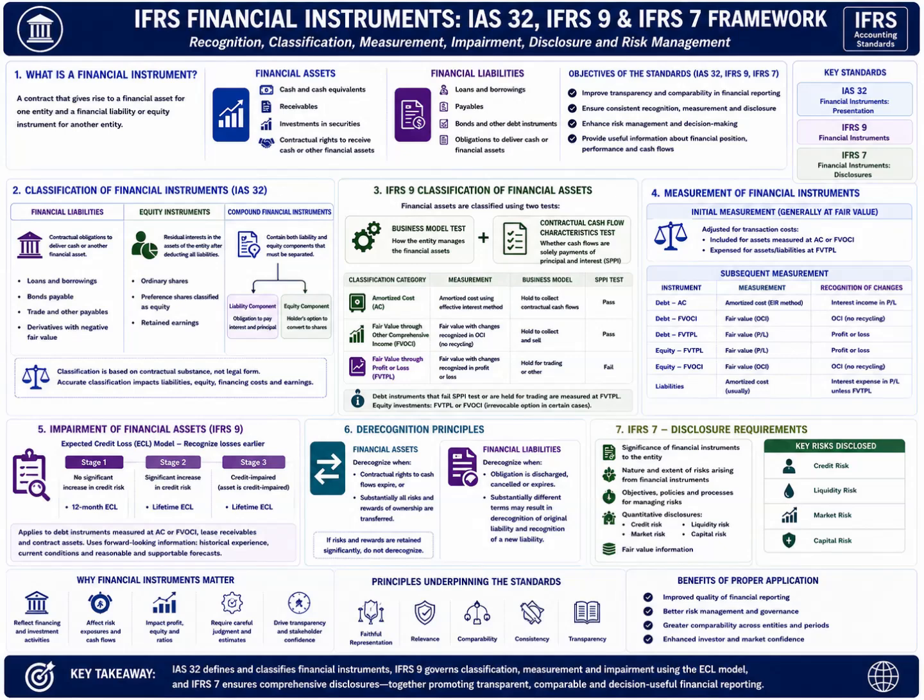Through principles governing classification, measurement, impairment, derecognition, and hedge accounting, IFRS enhances comparability and supports informed decision-making by investors, regulators, creditors, and management. Financial instruments significantly influence liquidity, solvency, profitability, and risk exposure, making this topic one of the most critical areas within the DipIFRS syllabus. Mastery of these standards equips accounting professionals to manage increasingly sophisticated financial arrangements in modern global markets.